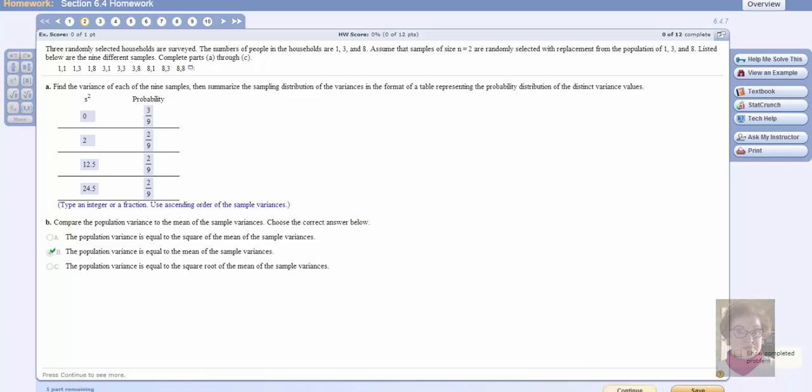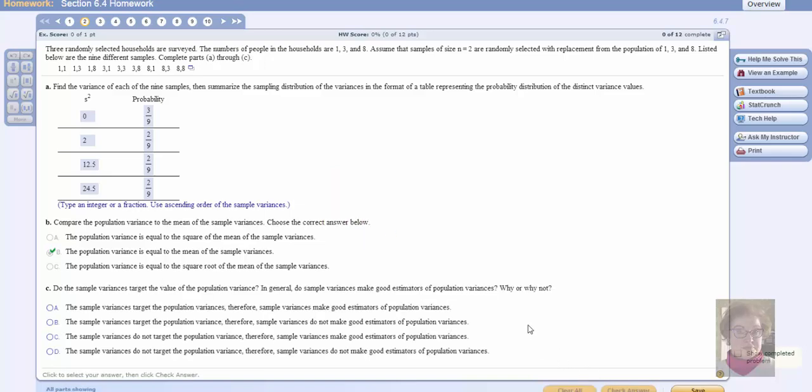The last part asks, are sample variances a good estimator of the population variance? Well, they are, because they were the same. Sample variances target the population variance, so my first two choices are the best. And if they target the population variance, then they make a good estimator.